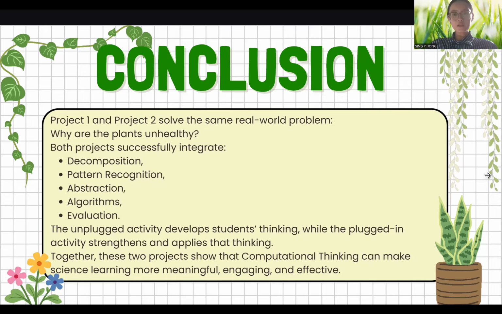The unplugged activity develops students' thinking, while the plugged activity strengthens and applies that thinking in a new context. Together, these two projects demonstrate that computational thinking can make science learning more meaningful, more engaging, and more effective.